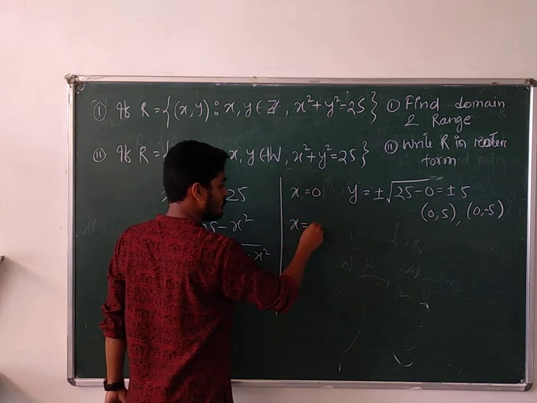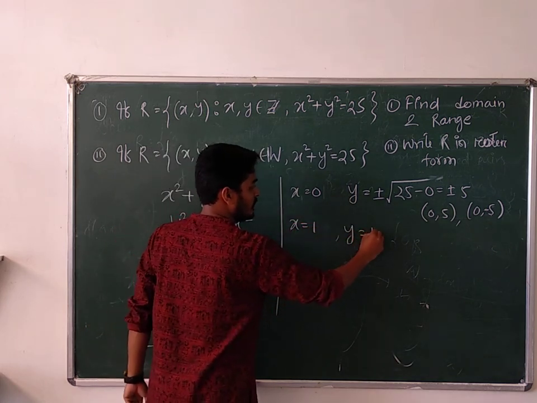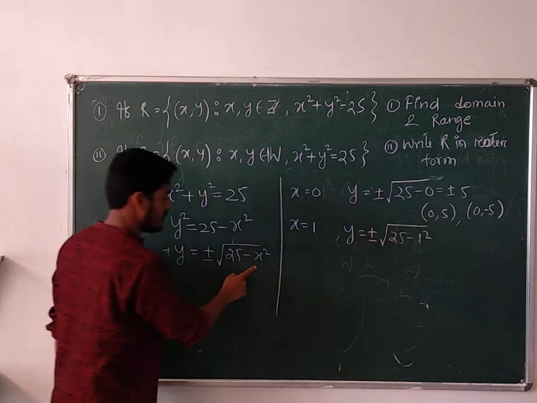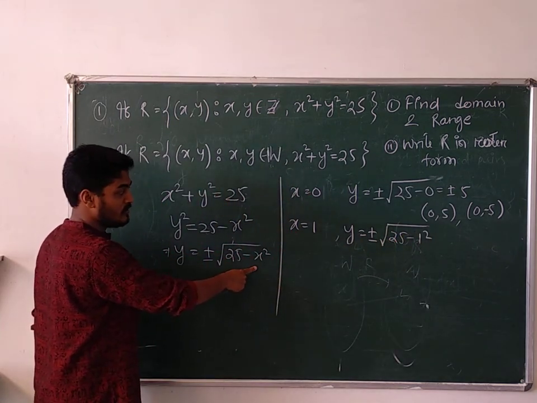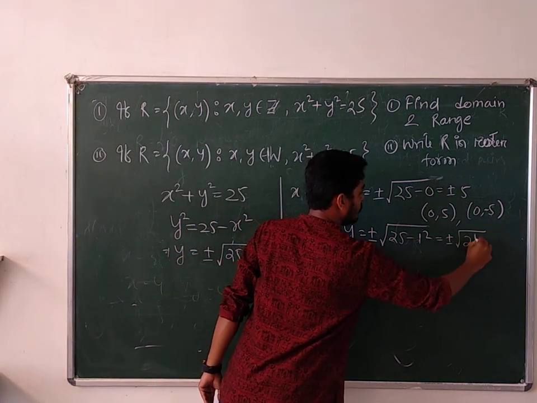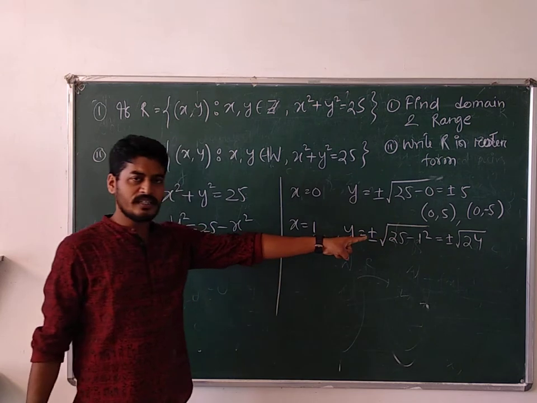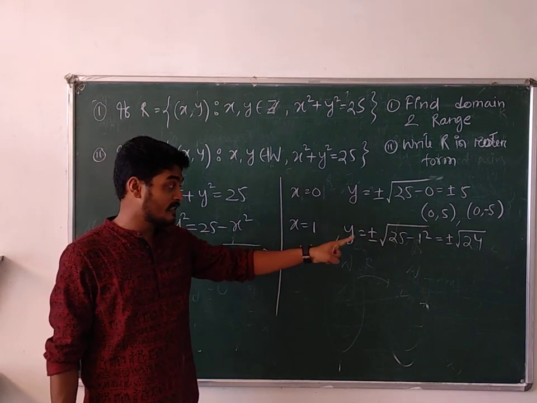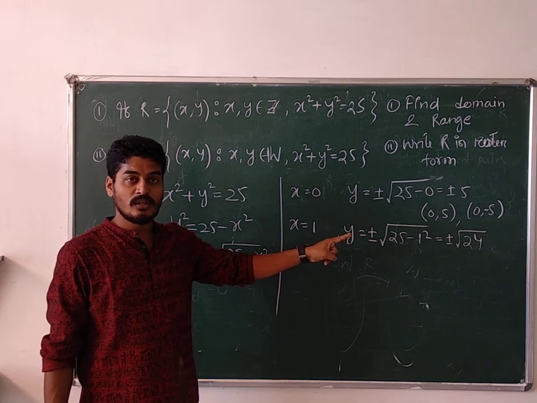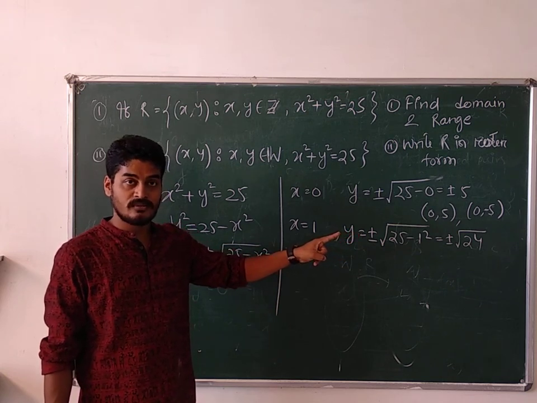For x is equal to 1, suppose, then y is equal to what? Plus minus square root of 25 minus 1 square, because this is the condition. In place of x, we have to consider 1. So it will be plus minus square root of 24. Will we get an exact square root of 24? No, 24 does not have an exact square root.